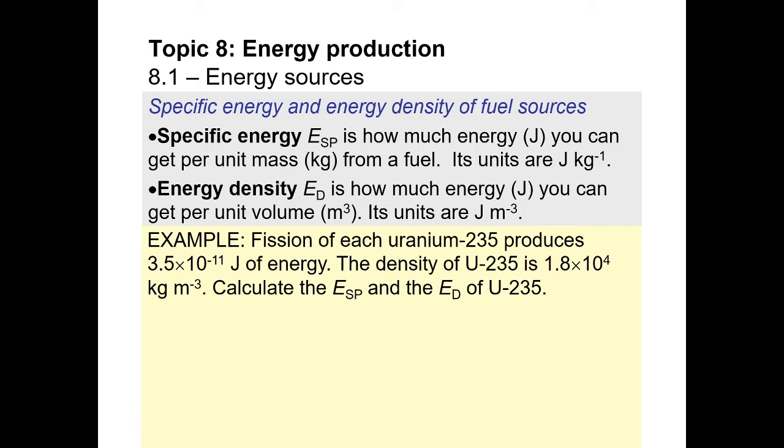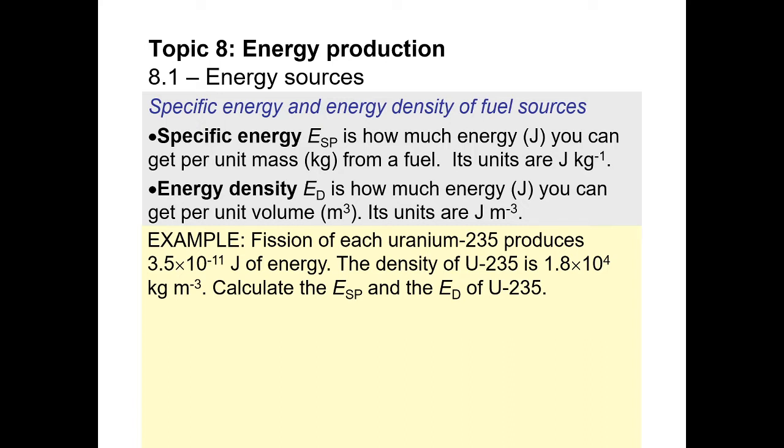Fusion is when they merge together, and that also releases energy. But uranium-235 is very heavy, so it undergoes fission, it splits. Fission of each uranium-235 produces 3.5 times 10 to the minus 11 joules of energy. The density of uranium-235 is 1.8 times 10 to the 4 kilograms per cubic meter. Calculate the specific energy and the energy density of uranium-235.